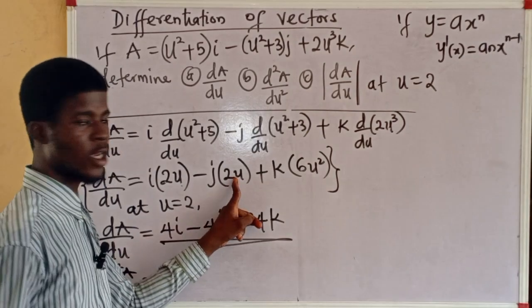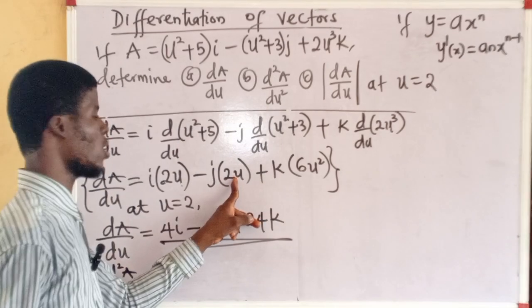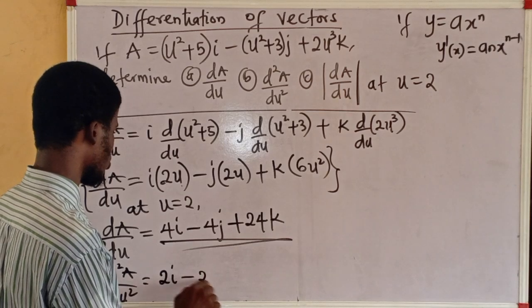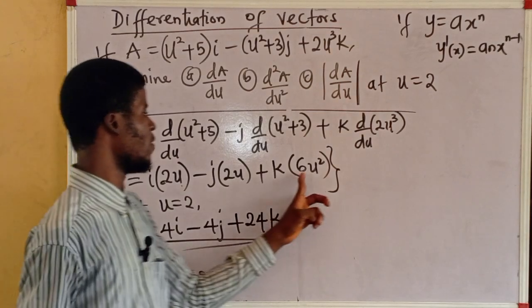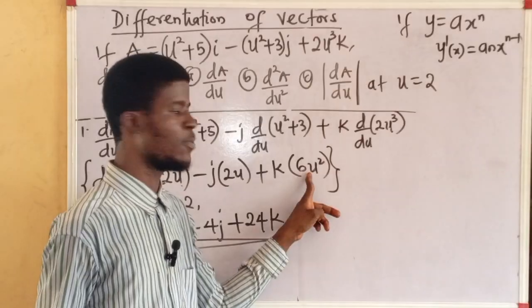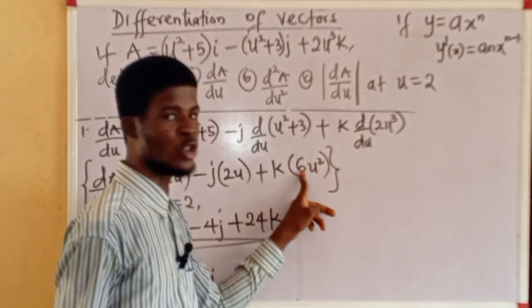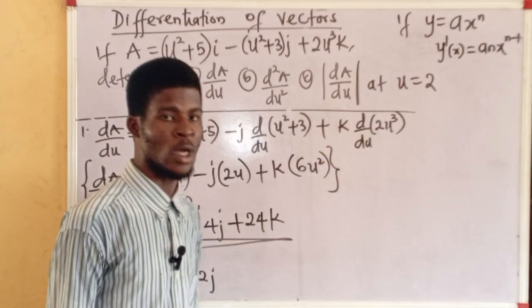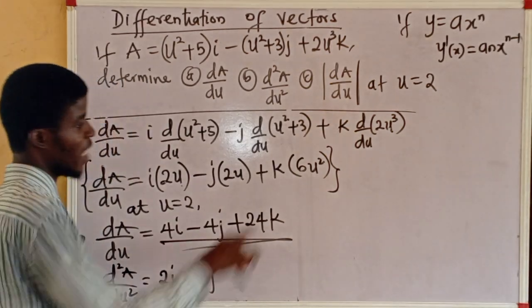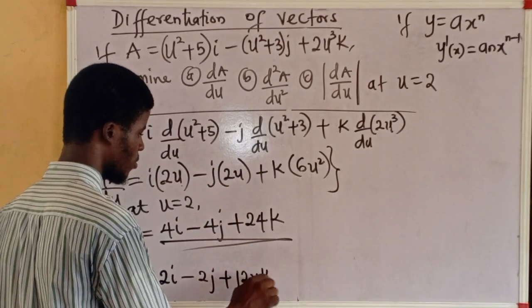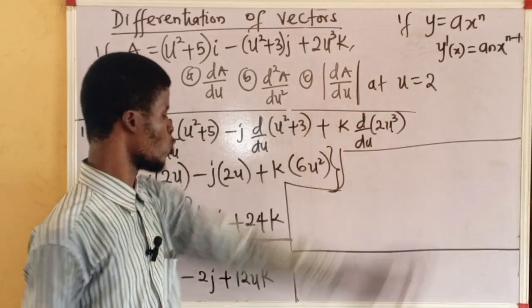Differentiate 2u again with respect to u, we have 2, so 2 times minus j, that's minus 2j. Differentiate 6u squared with respect to u, we have 12u, because 2 times 6 is 12, 2 minus 1 is 1. So that will be 12u times k, 12uk.